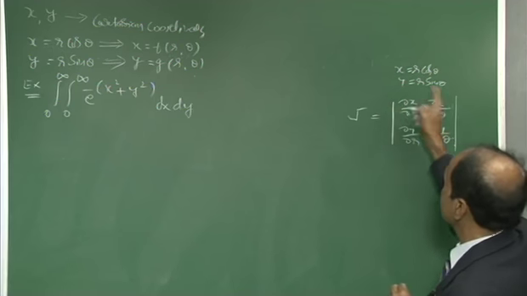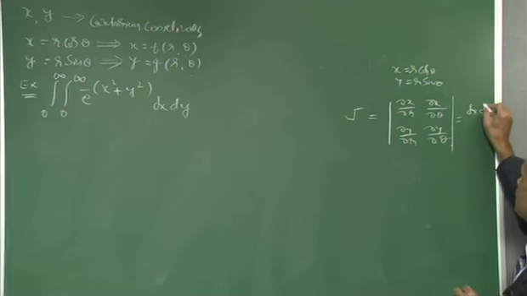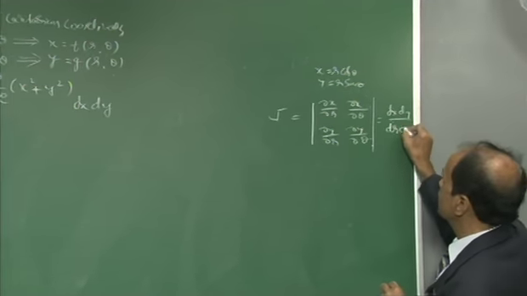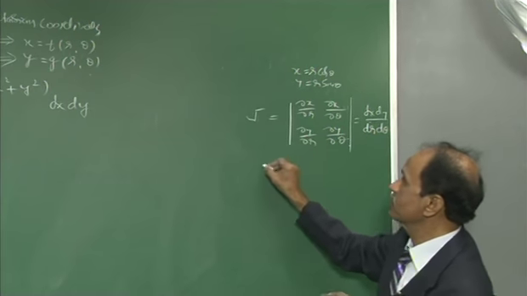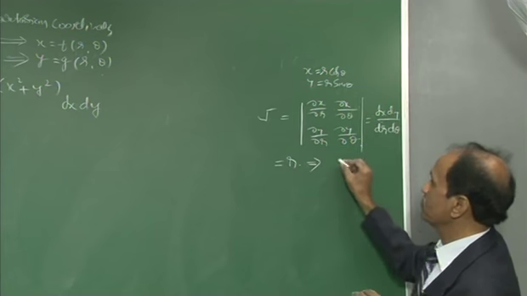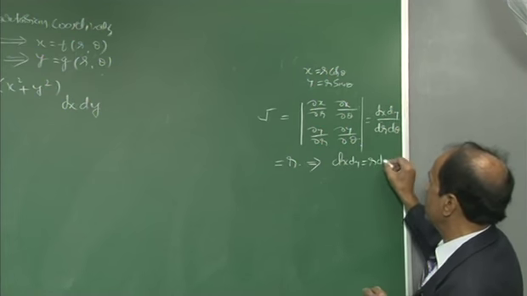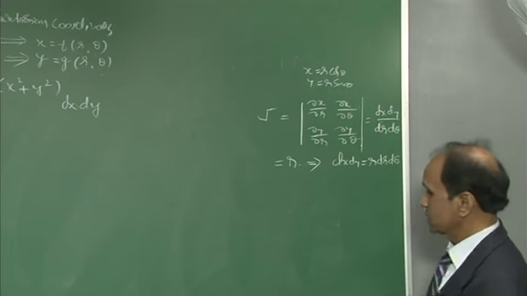This is called the Jacobian. What is the answer for this? J is nothing but dx dy divided by dr d theta. This answer is supposed to be r. Therefore, by cross multiplication, dx dy equals r into dr d theta.